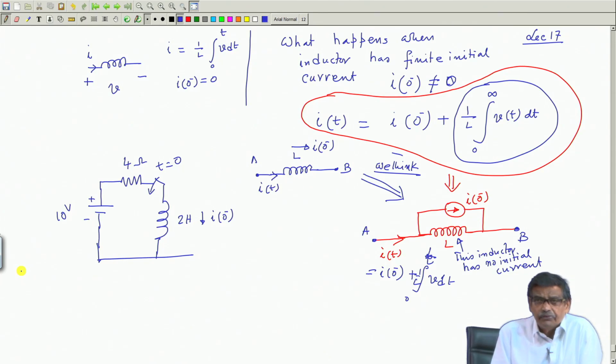I can write down the differential equation and initial current is 0, that is one way of solving. Now, I am telling from the point of view of the superposition theorem I want to do.